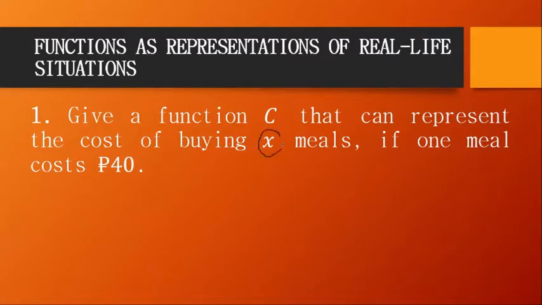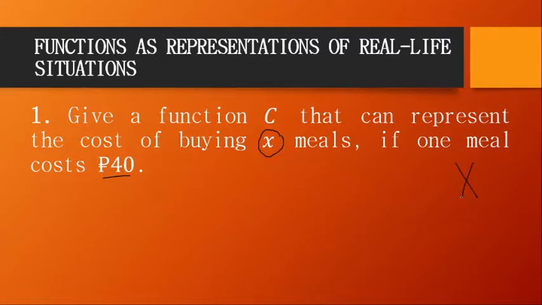So, yung quantity ay hindi naka-indicate sa problem natin. Instead, we use the variable X. And then, cost that is 40 pesos. So kung gusto natin malaman yung total payment for a certain number of meals, ang ginagamit nating operation ay multiplication.